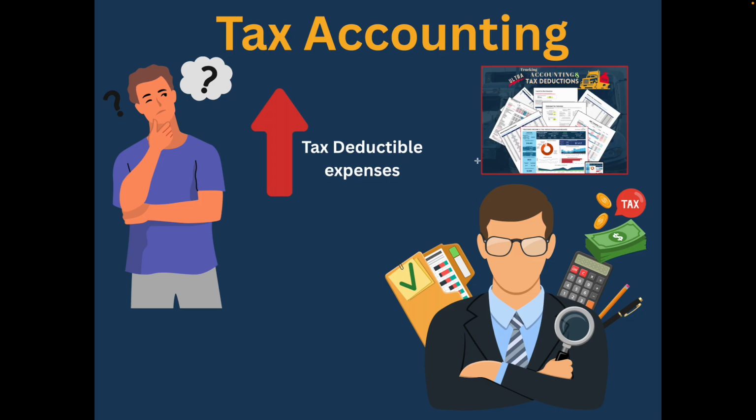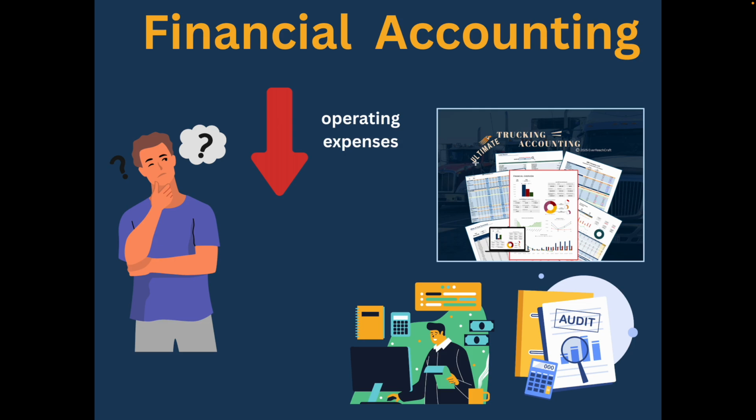And then if you go to a regular accountant to do financial accounting, basically you're asking them to help you analyze your business and how you can increase efficiency and boost your profit, right? So your goal is asking them, hey, where can I decrease my operating expenses so that I can increase my income so thereby I can have more money in my pocket? So that's the difference between the two types of accounting in the accounting world. So you have tax and financial accounting, or the regular accounting, okay?